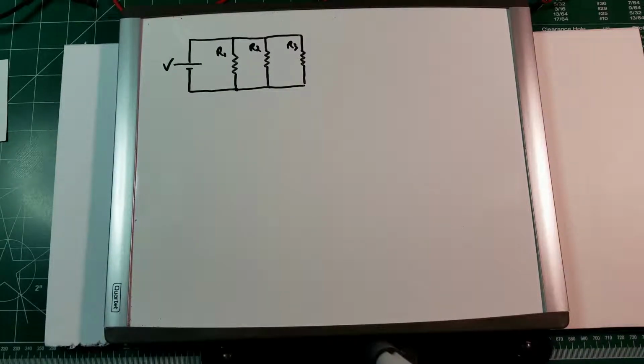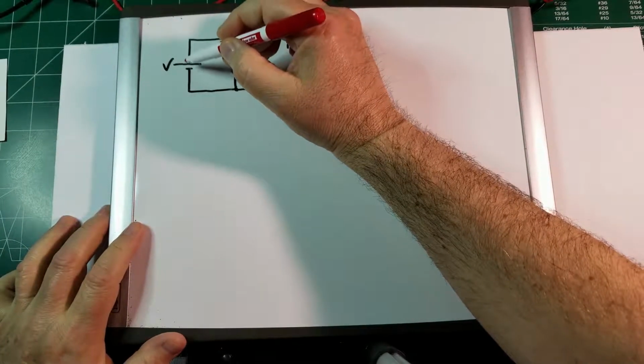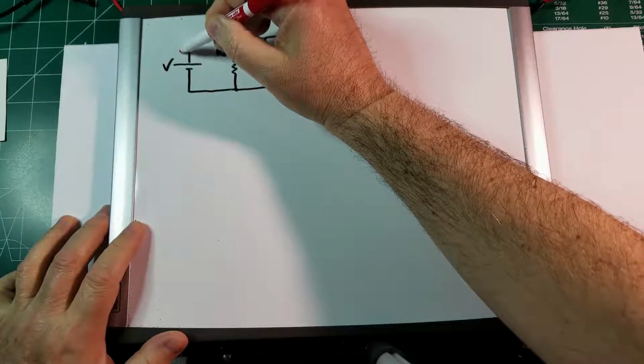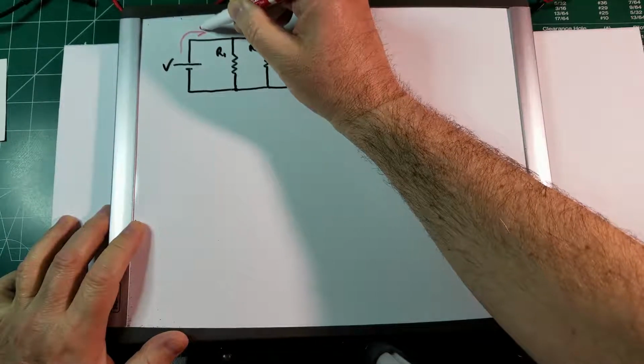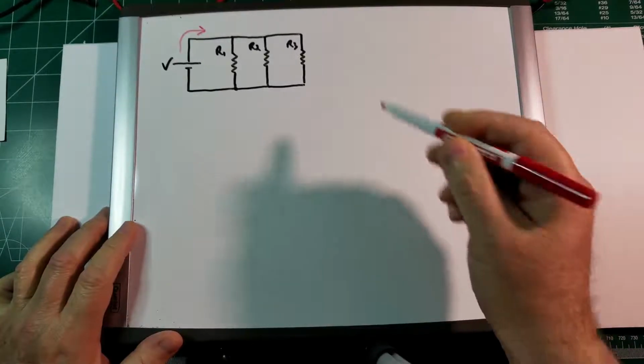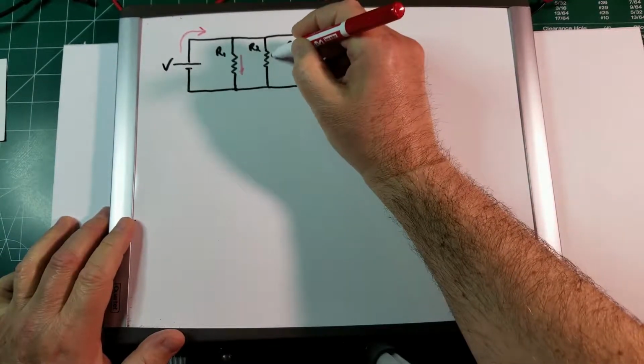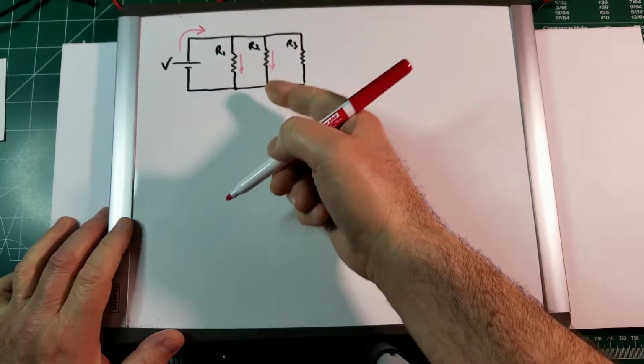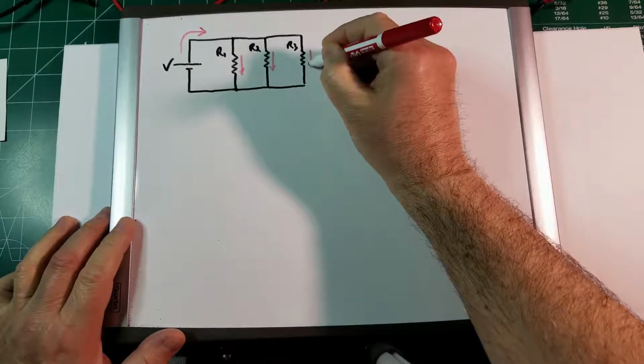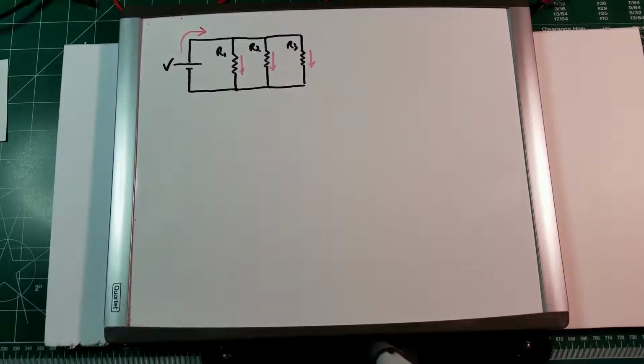So as you can see, the generator V will make the current flow over here, and there will be a certain amount of current that goes in the first resistor, a certain amount of current that goes in the other resistor, and a certain amount of current that goes in the last resistor.